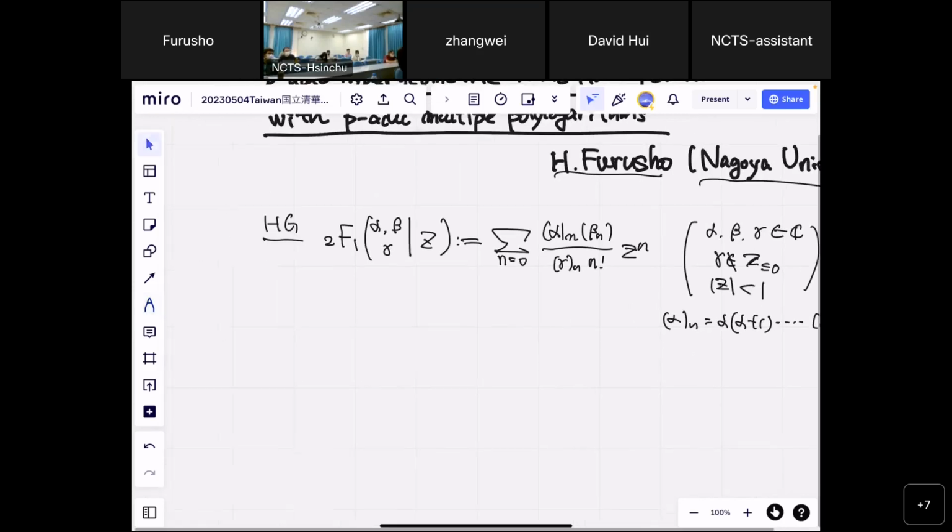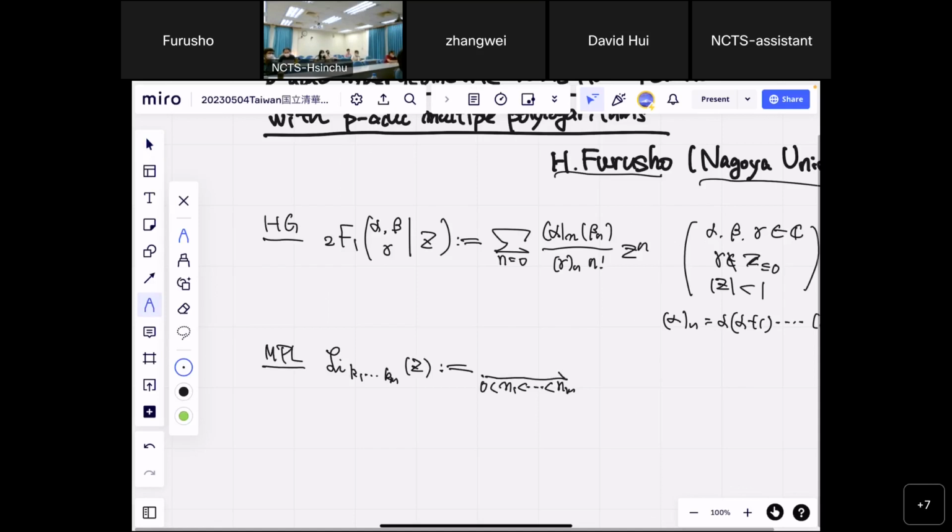It's quite well known. Next, the multiple polylogarithm. This is an infinite summation in the following way, over n_1 smaller than n_2, smaller than n_3, and so on, with exponents k_1 and so on. This is the multiple polylog.